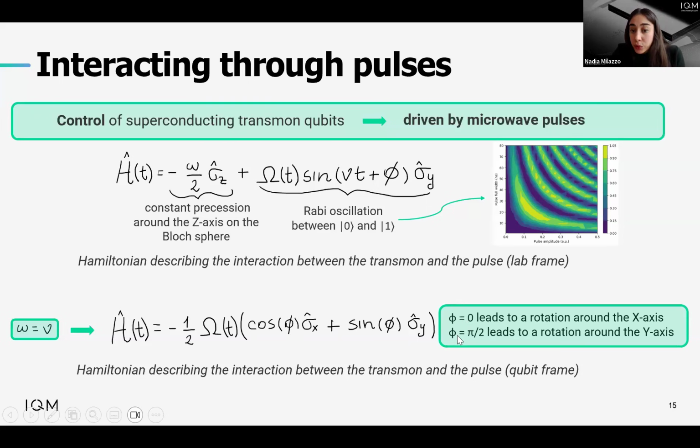But if I set phi, for example, to pi over 2, then the term with x will disappear, and I will get a rotation around the y-axis. So this is how qubits are actually driven to rotate around the axis that we want.